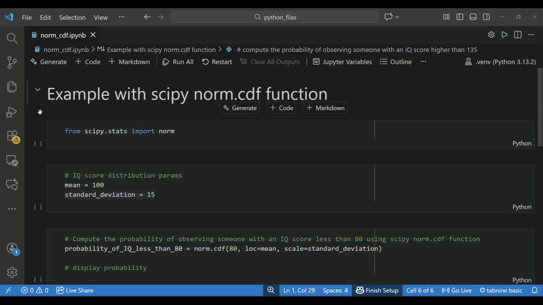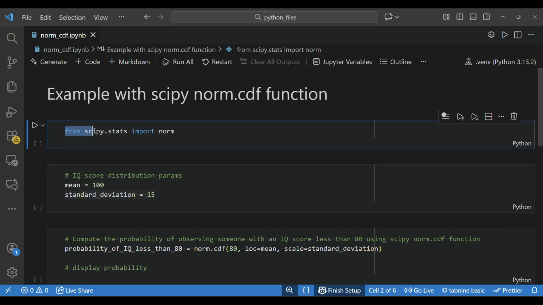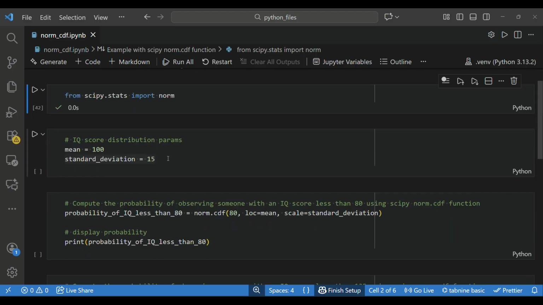We can also compute these same probabilities using Python code. The first step consists of importing the Scipy stats norm package. So let's execute this cell. Then we define the distribution parameters. The mean is 100 and the standard deviation is 15.